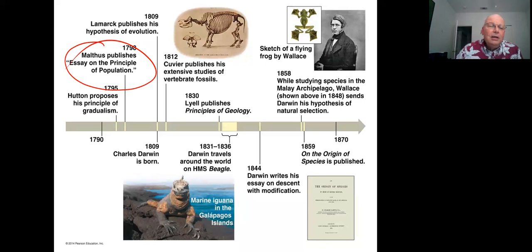Now, what he also talked about was the fact that humans could increase their access to resources through their technology. So through farming technology, through industrial technology, you could create the opportunity for making more resources available.